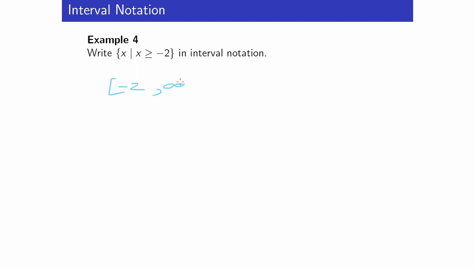We go to infinity, and we close it off this way. So you're going everything from -2, -1, all the way till infinity. And so that's pretty much interval notation summed up for you.